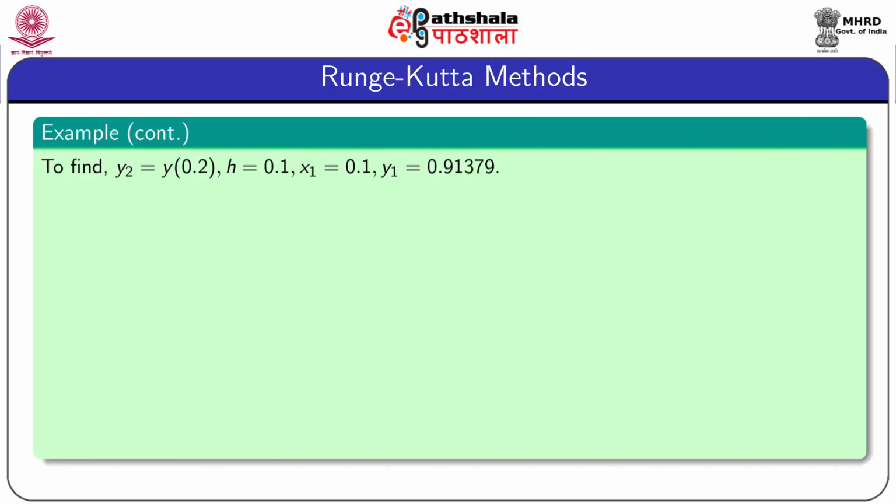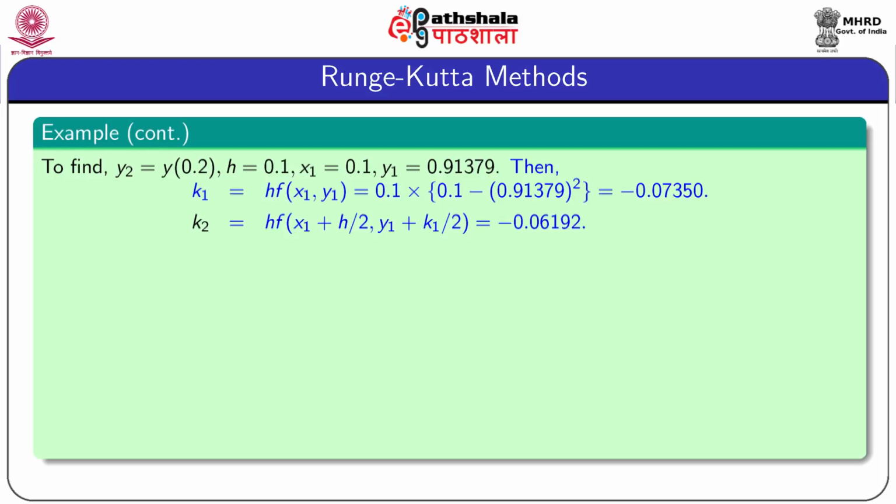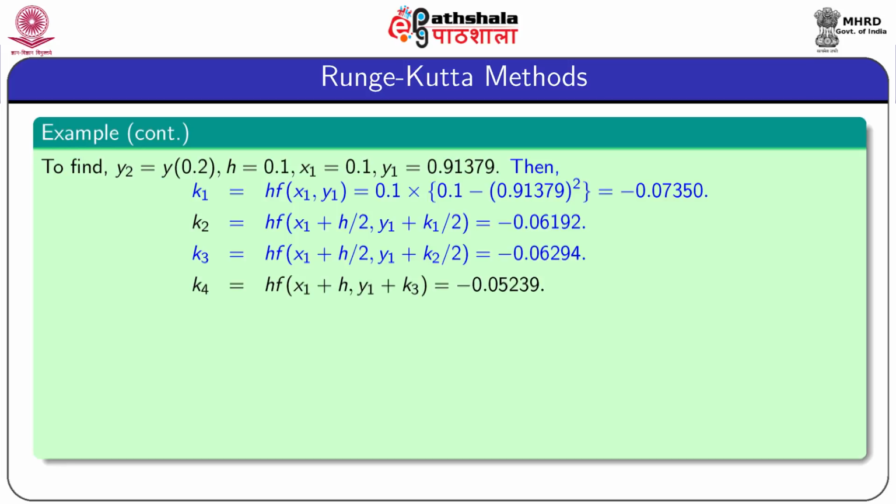Now, to find the value of y2, that means value of y at x equal to 0.2, h is 0.1, x1 equal to 0.1 and y1 equal to 0.91379. So, using these values, we calculate the value of k1, which is equal to minus 0.07350, k2 is minus 0.06192, k3 is minus 0.06294 and finally k4 equal to minus 0.05239.